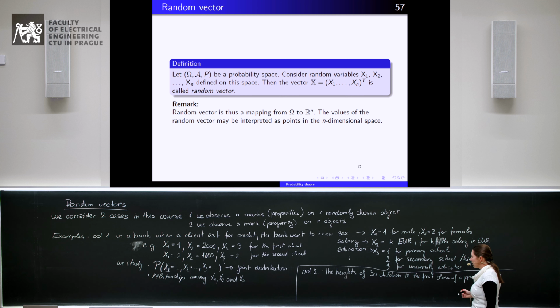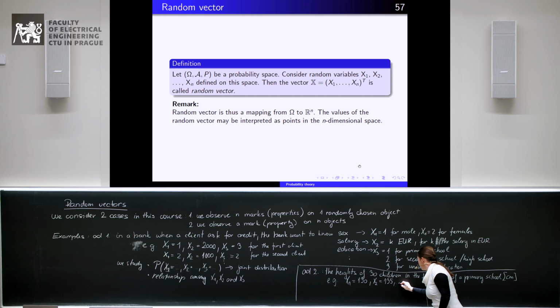random variables in the vector, but we are interested in some characteristics. And so, for example, we have the first height 130 centimeters, the second child is 135 centimeters tall, and so on.